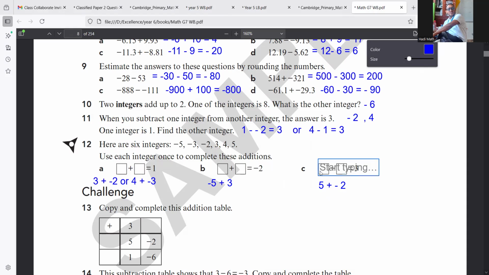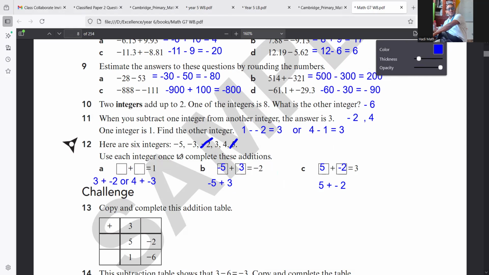So for this one, only one option. It is 5 plus -2. After you write this one, because I ask you to use each one of them once, cancel the 5 and cancel the -2, because you're not going to use them again. This one, we said also we have only one option, which is -5 plus 3. As long as you have them, you can go and cancel them.